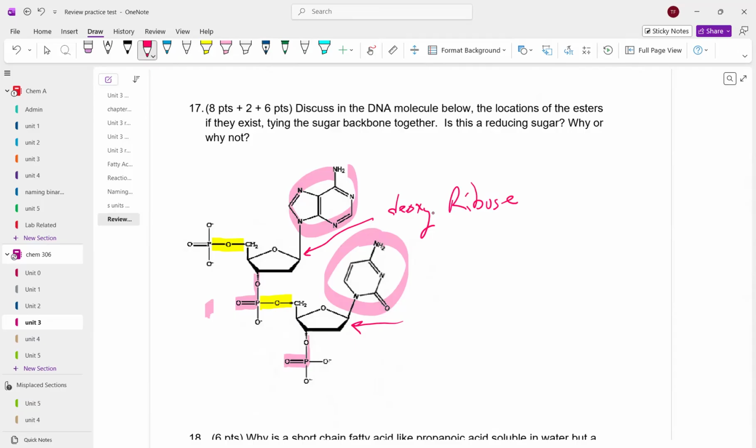So when you're using phosphorus as the acid, they call that an inorganic ester, since we're not involving carbon.